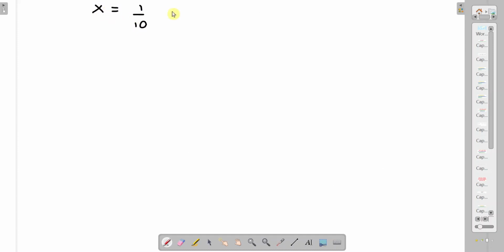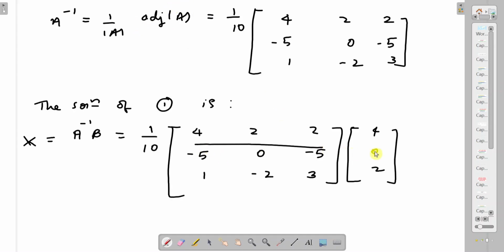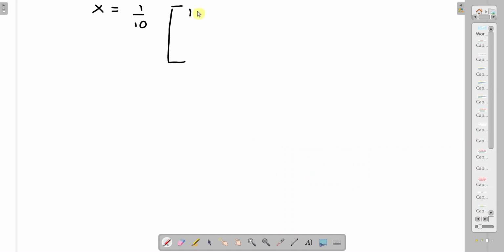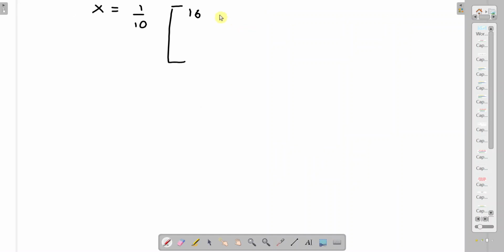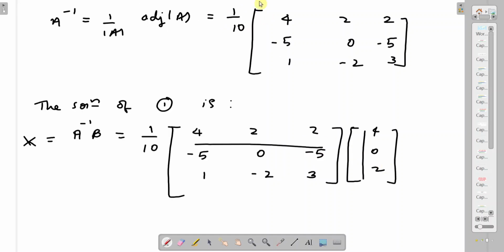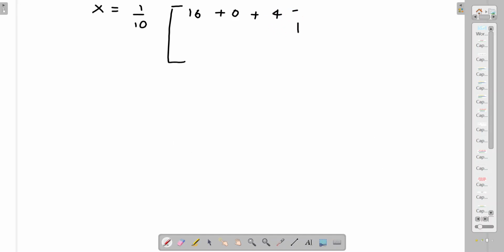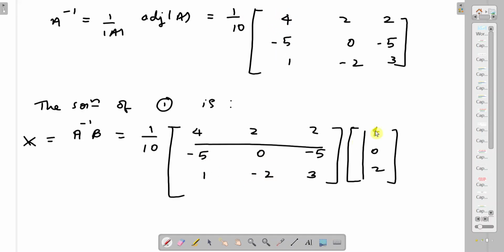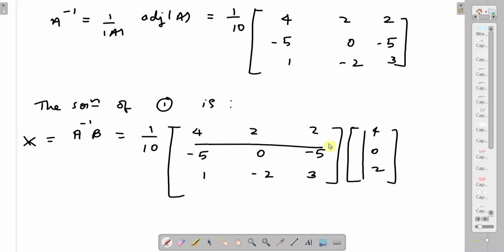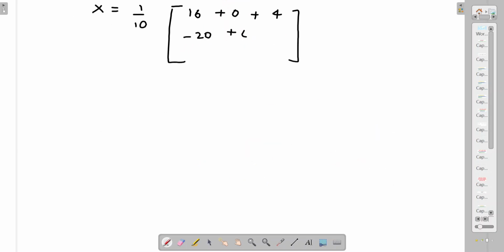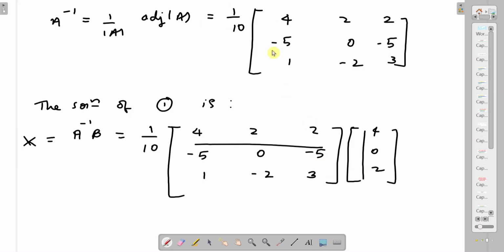Okay, so capital X will be equal to 1 by 10. Now we have to multiply the matrices here. Okay, so first row with first column, 4 fours are 16, right, 2 times 0 is 0, and plus 2 times 2 is 4. Then we have minus 5 times 4 is minus 20, and 0 times 0 is 0, and minus 5 times 2 is minus 10.